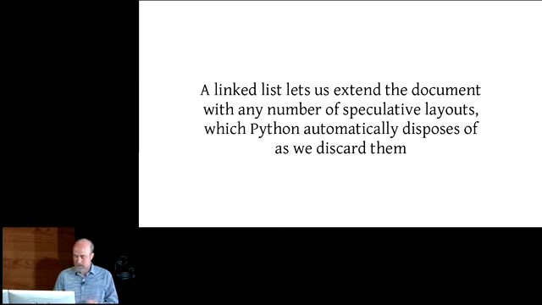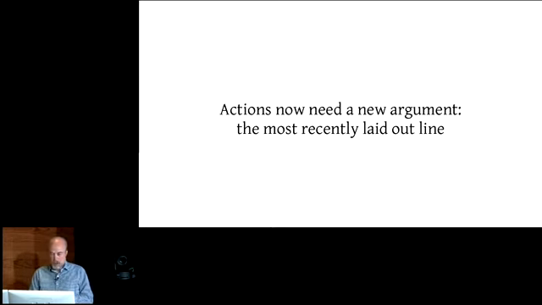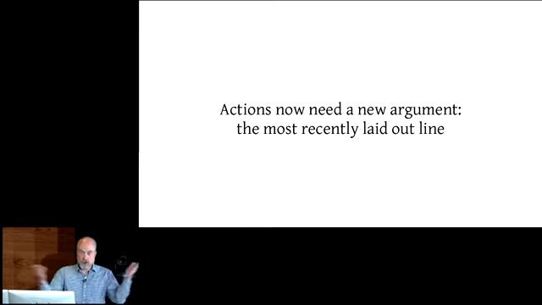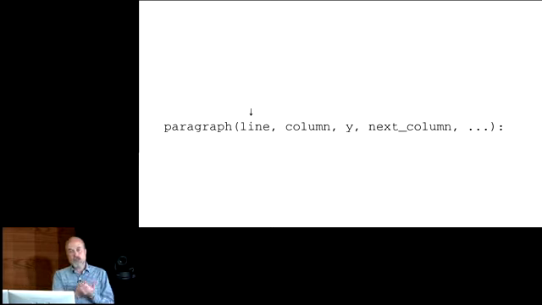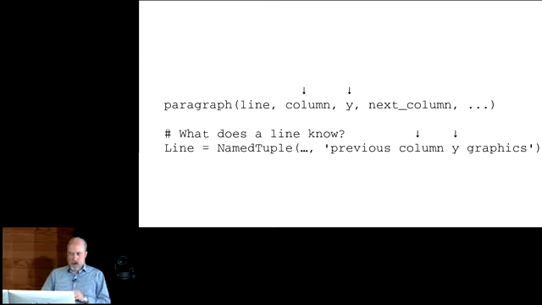Actions, okay, are now going to need a new argument. Because if the job of an action is now to append new lines, they need as an argument the most recently laid out line before the action goes to work. Ooh, but look. Remember how a paragraph needs to know the column it's drawing in and the y position so far?